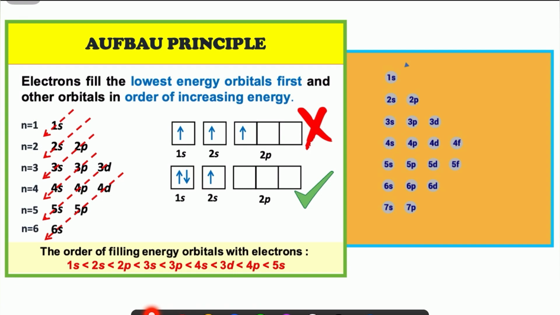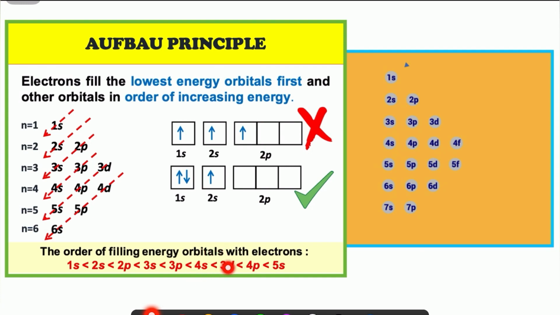So referring to this diagram, the electrons will fill the orbital 4s first, then 3d. So it shows that the 4s is lower energy compared to the 3d.